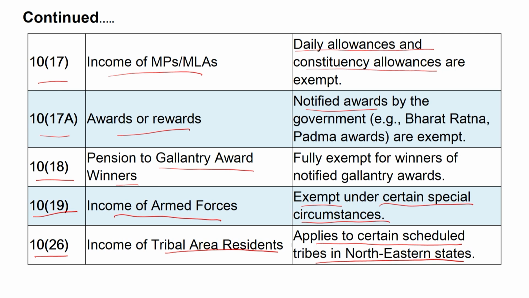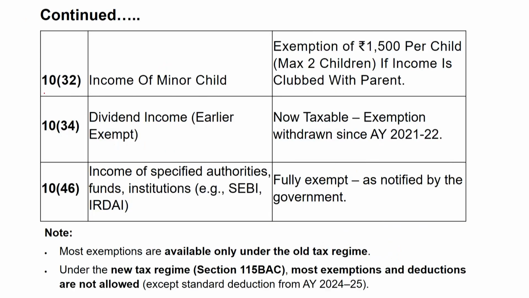So only citizens who live in the northeastern states of India are allowed this exemption. Then section 10(32), income of a minor child, is exempted up to rupees 1,500 per child for a maximum of 2 children if the income is clubbed with the parents' income.